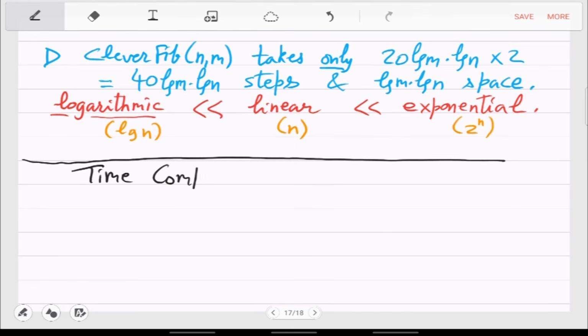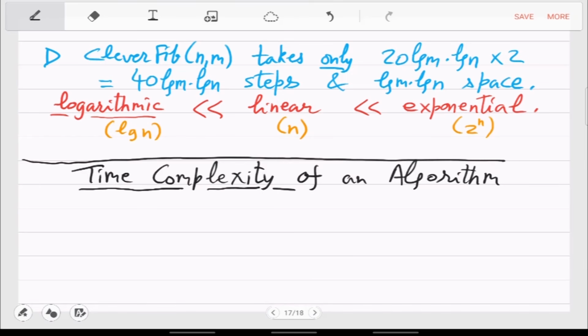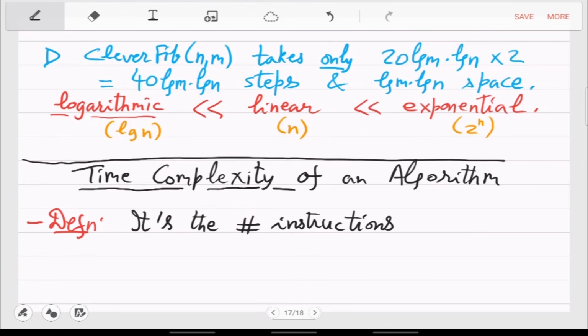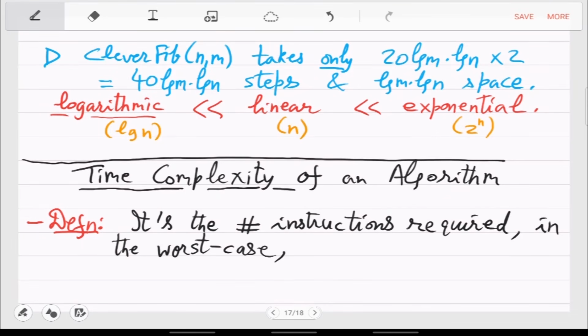The time complexity of a pseudocode or an algorithm is defined as the number of instructions required in the worst case, as a function of the input size.